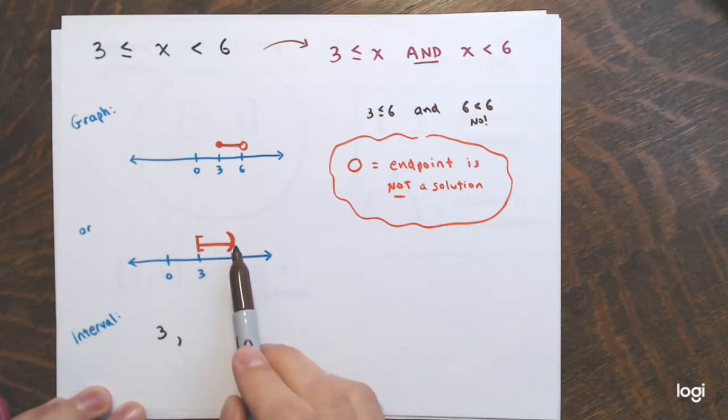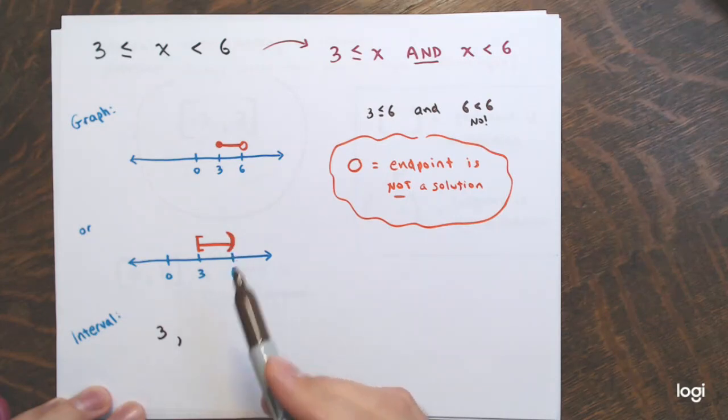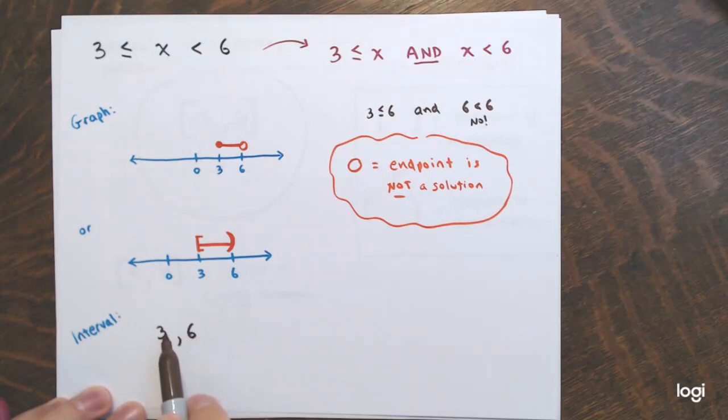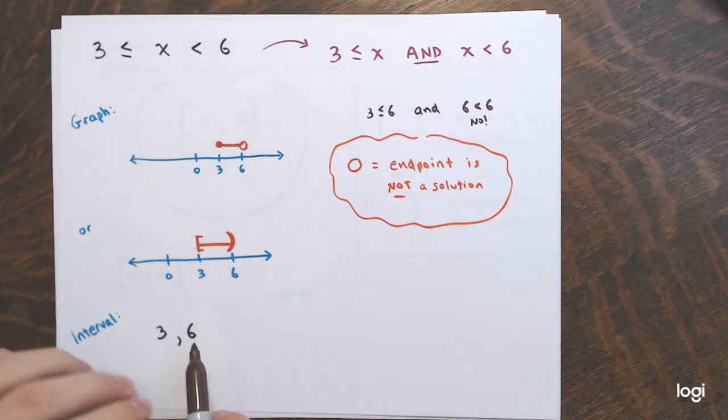I leave the solution set at the right endpoint of 6. So this is implying that every number between 3 and 6 is a solution. This 3 comma 6. But then you also have to put the little caps on to say whether or not the left endpoint or right endpoint are solutions.